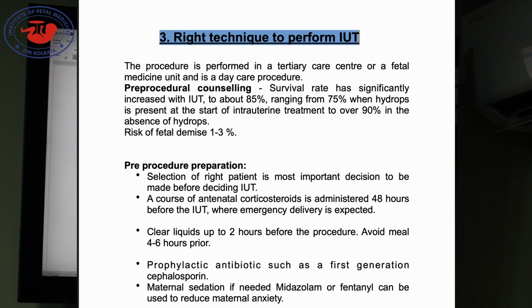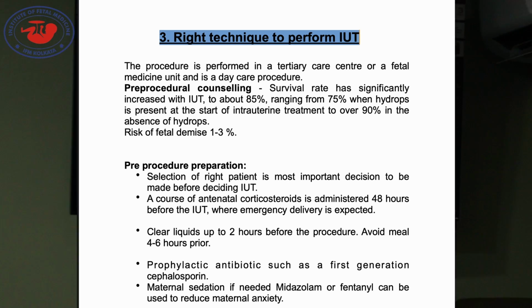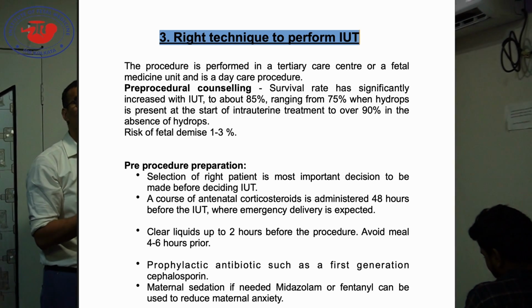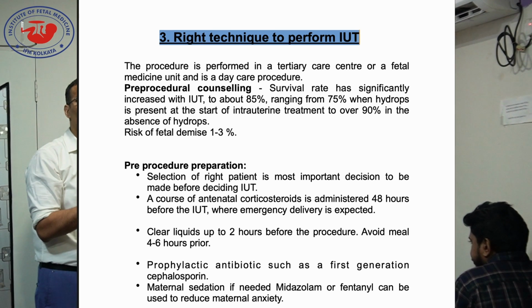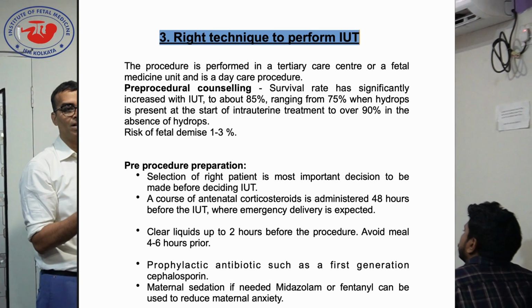So 1 out of 4 I may not be successful because of the hydrops already set in. And if there is no hydrops, there is a chance of up to 90% success. So your statistics will be in the range of 75 to 90% depending on whether it is hydropic or non-hydropic.